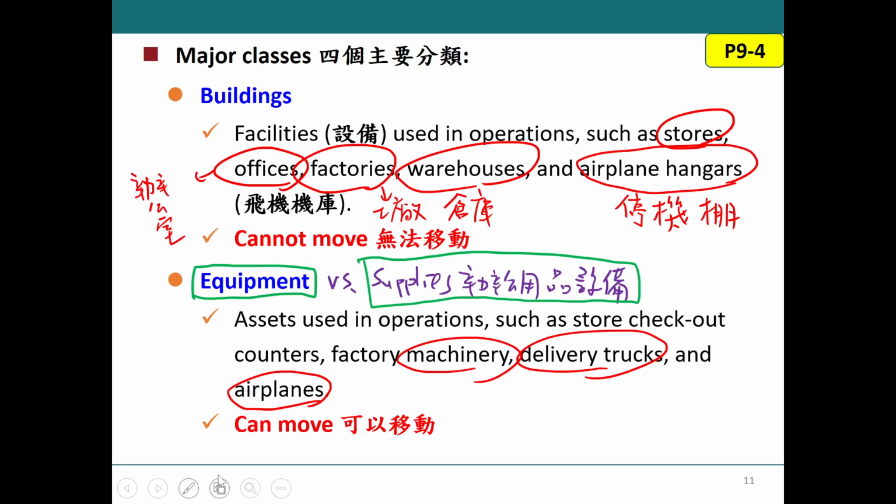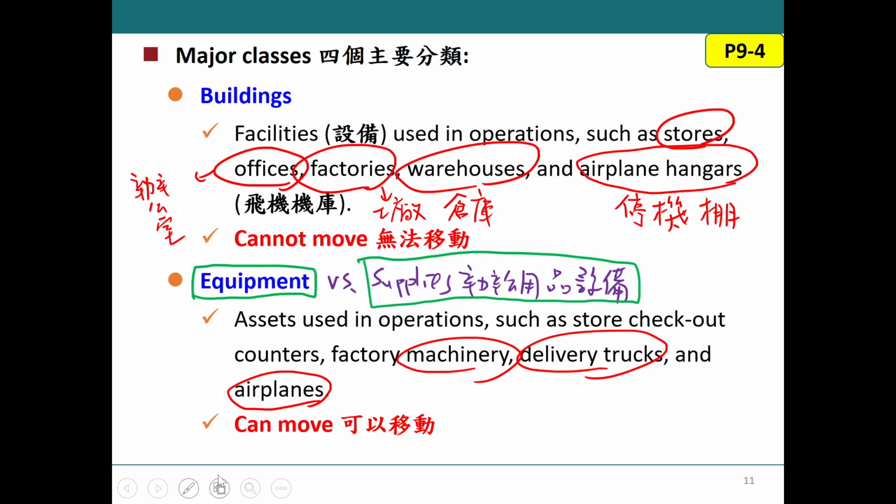So the price means the amount of money you spend to buy it. In Taiwan, the cutoff is NT$10,000. If I spend NT$10,000 to buy one thing, we will recognize it as equipment. Below NT$10,000, we will recognize it as supplies.